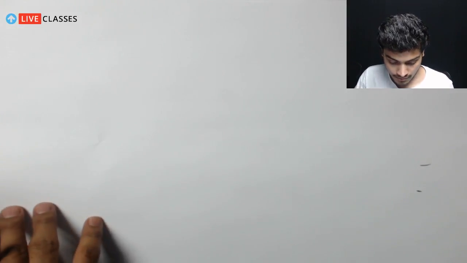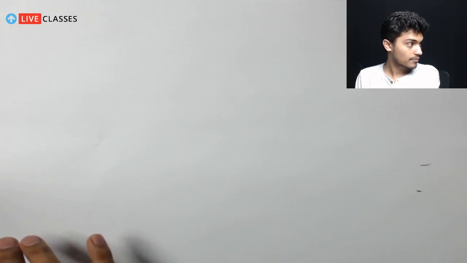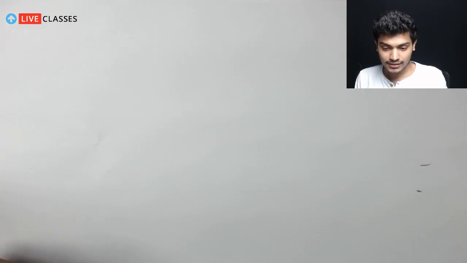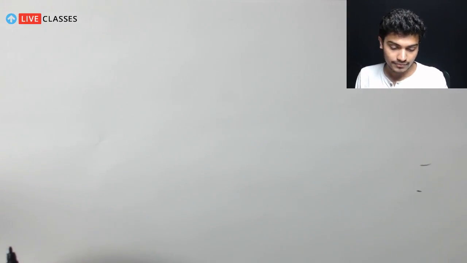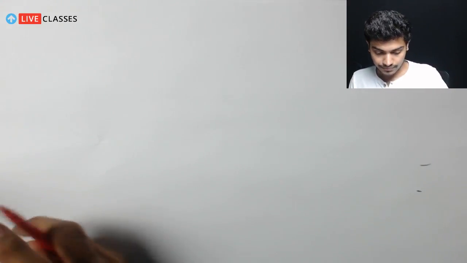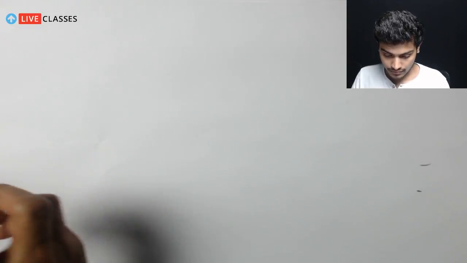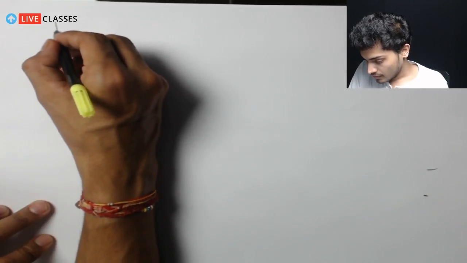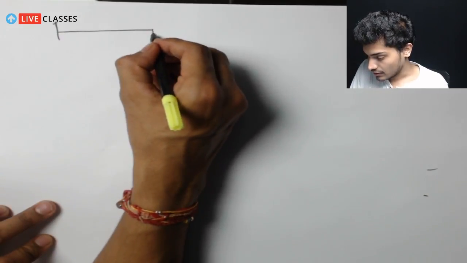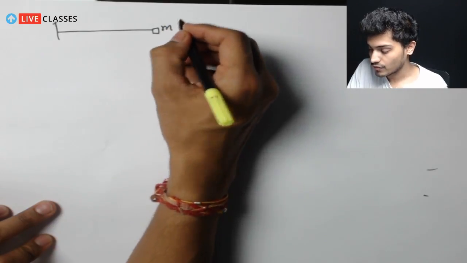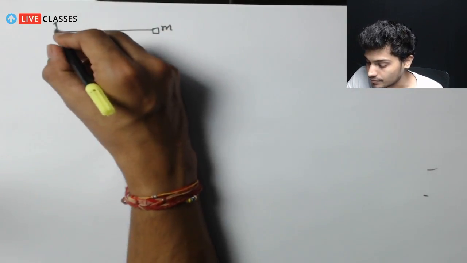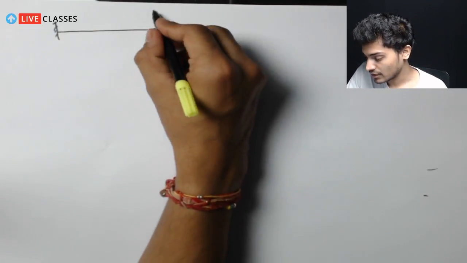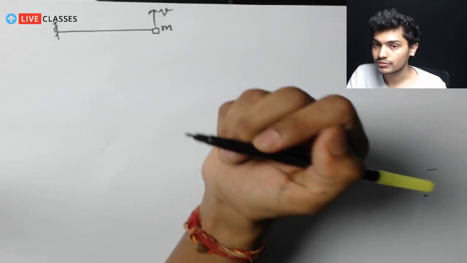Let's look at some more problems. Let's do one interesting question. Suppose that there is a string and here it is a block of mass m kg, and suppose we have given this velocity v to this block.